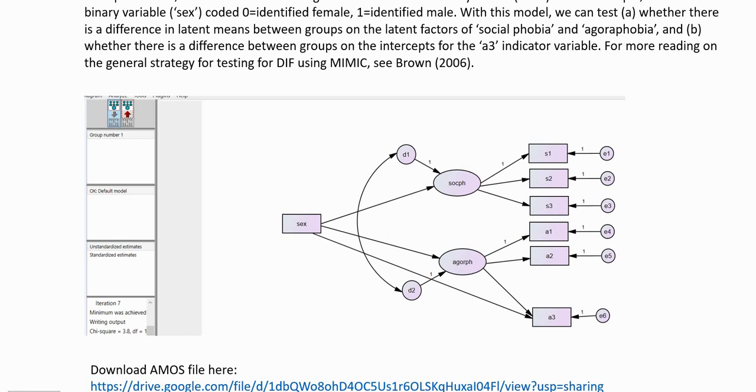And if we find that there is a difference, then that would tell us that we have evidence of differential item functioning with respect to the A3 variable. So in other words, it's not just a construct variation that is accounting for how people respond to the item, but also whether there could be gender or sex differences with respect to the response.